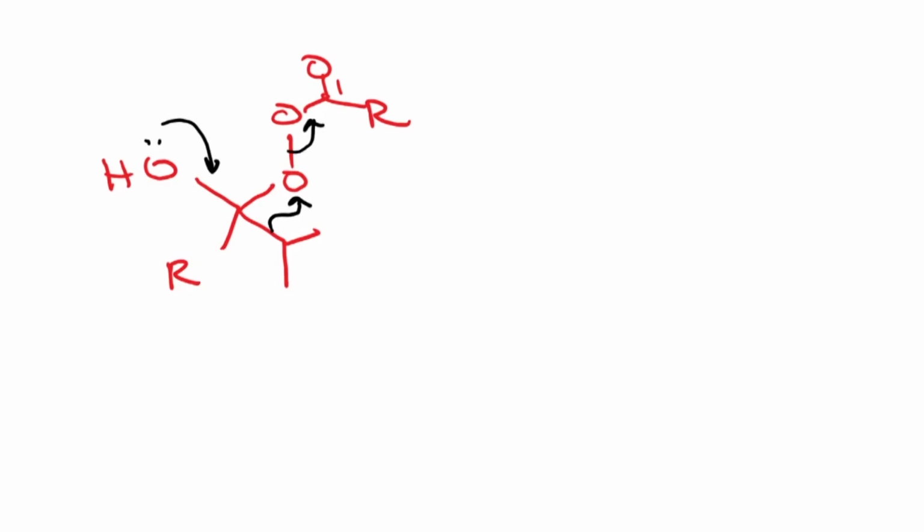If we were to draw the transition state for this reaction, it's going to look something like this. You have the oxygen bond. This starts forming a small double bond, and then you have this R here, and the isopropyl bond is slightly broken, so I will represent this by a broken bond.